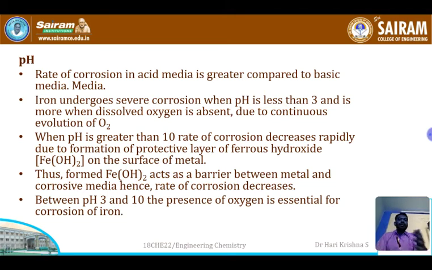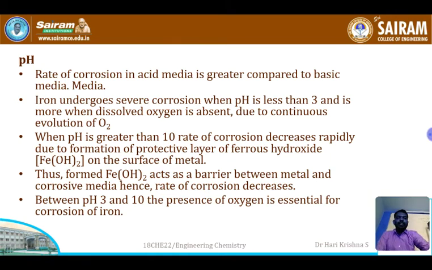In alkaline or basic media, the rate of corrosion is less because the ferrous hydroxide acts as a barrier between the metal and corrosive media. If pH is between 3 and 10, oxygen is essential for corrosion. Only in the presence of oxygen will corrosion occur.